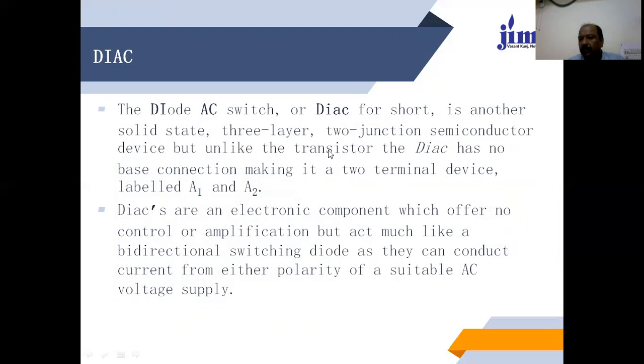But unlike the transistor, the diac has no base connection, making it a two-terminal device labeled A1 and A2. Diacs are electronic components which offer no control or amplification, but act much like a bidirectional switching diode, as they can conduct current from either polarity of a suitable AC supply.